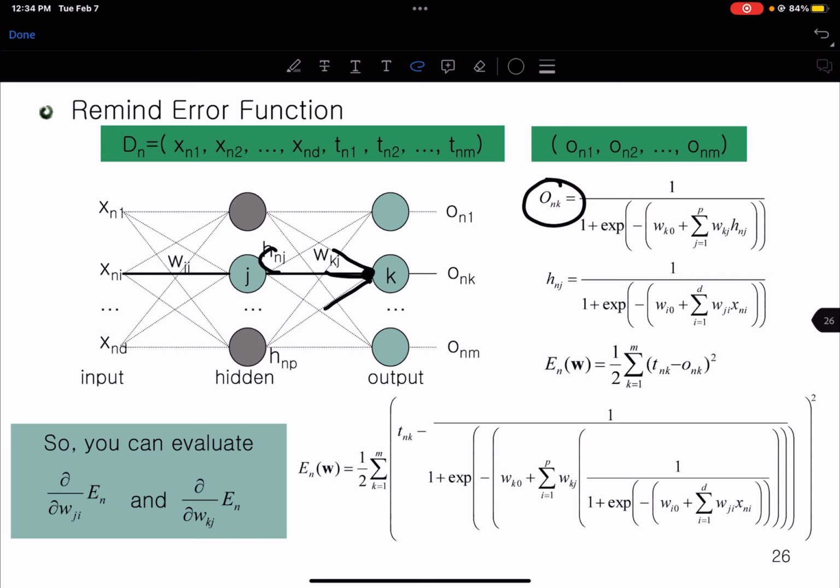Then H of n j will be first a summation and then the classifier of all the values that are coming into this jth node, multiplied by the weight values, summed up, and w j 0, it will be coming from here, the first weight value.